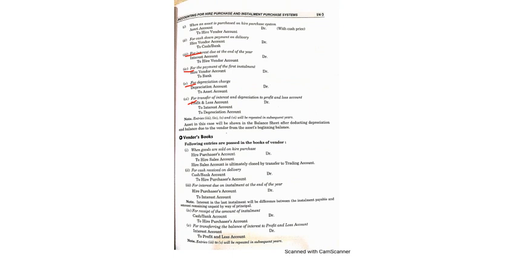Now in the books of the vendor, when goods have been sold by the vendor, he will debit the hire purchaser account because this is a credit sale, so purchaser's account will be debited to hire sales account, right? And secondly, when he will receive the down payment, he is receiving the amount, so cash account debited to hire purchaser account.